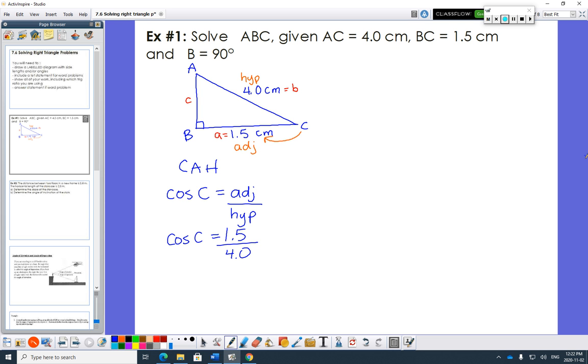Decide what you want to do. If it doesn't say, you can choose. Okay, so to get rid of the cos, we have to do cos inverse, right? And you should get 68.